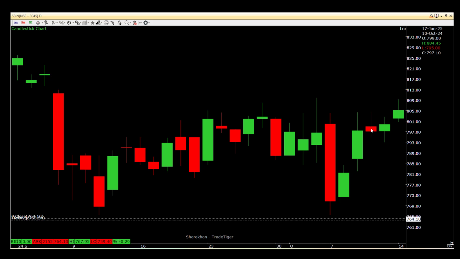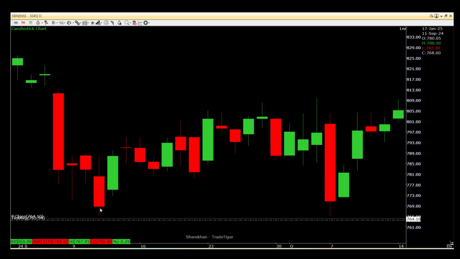So you purchased at 789 or 90. Any red or green candle cannot decide your profit or loss. Red and green candles only show that the price opened at a level and then the closing price is above or below the open price. That's why the color is green or red.